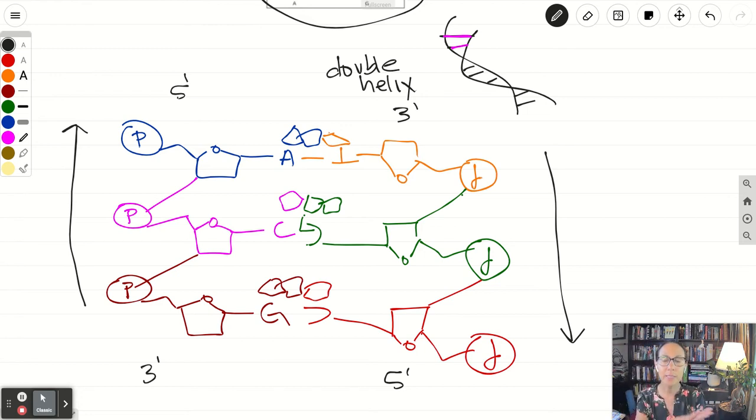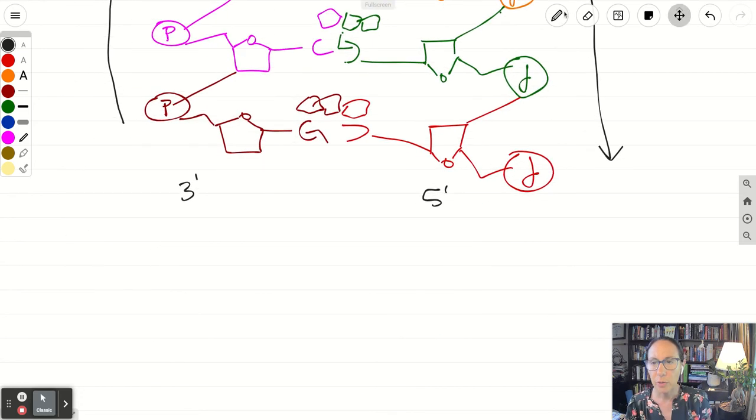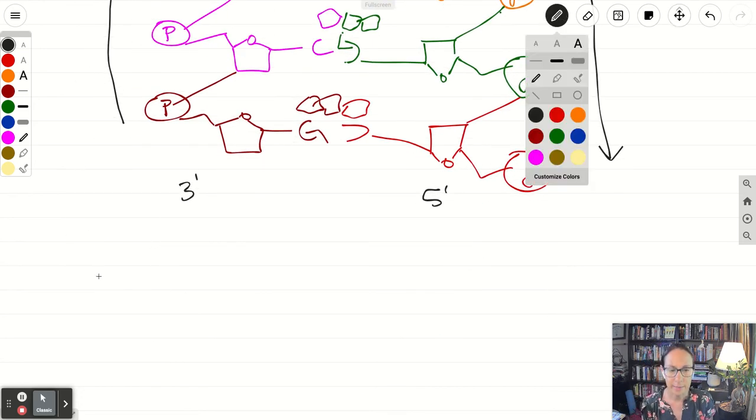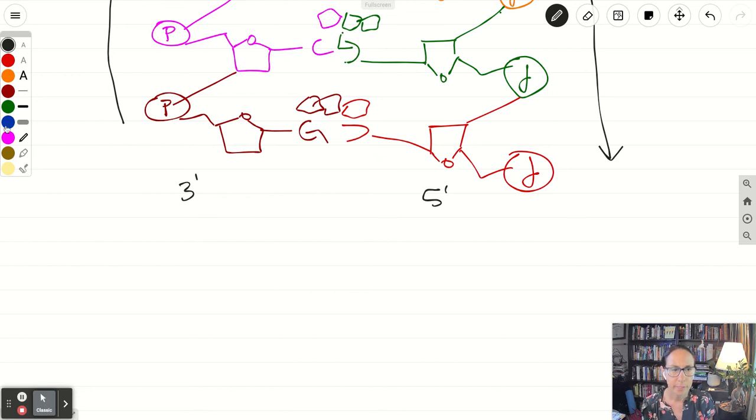If you know one side of the DNA, you automatically know the other side because A always goes with T, C always goes with G. So for example, let me just change colors to blue. If I said this is a DNA sequence that starts with a 5' and it's A, T, G, G, C, T, T, A, and that's the 3'.